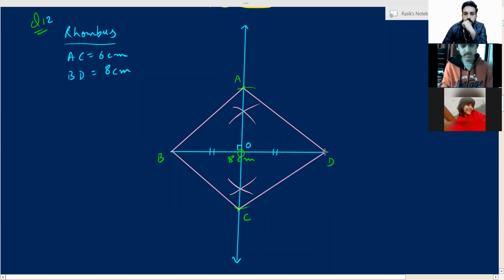This is your required rhombus. I may not get that perfect, but the concept is seen. I'm not drawing with proper dimensions. If you draw in your copy with your proper measurements, you will get a perfect rhombus.